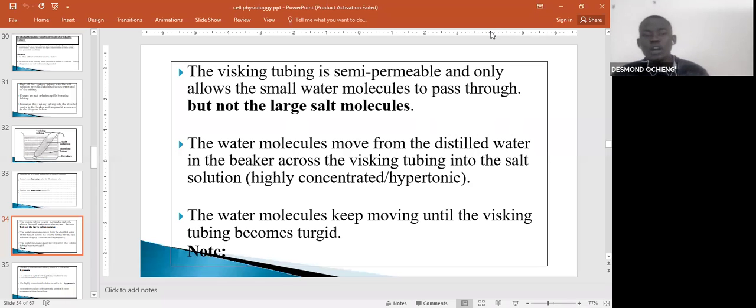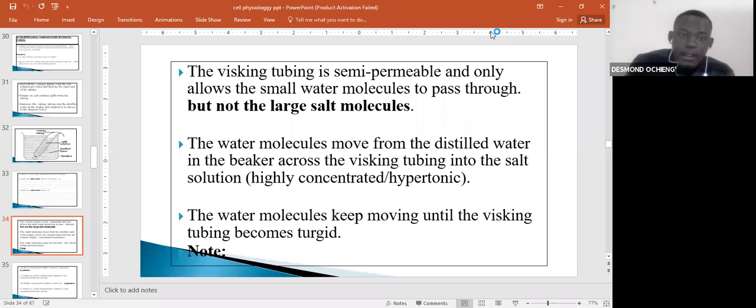Here we don't use the words concentration gradient, but I think you meant across a semi-permeable membrane. So you can say it is the movement of water molecules from a region of low solute concentration, which is a lowly concentrated region. So that is right. But you don't use the words concentration gradient there. You use across a semi-permeable membrane.